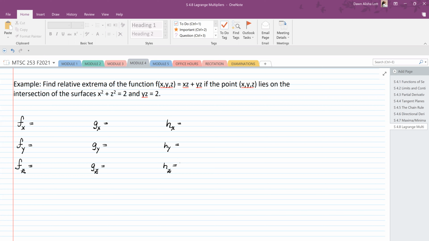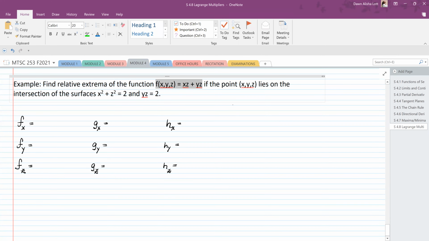Which one? For f of x? F is xz plus yz. So for f sub x, is that just finding the derivative? Yes, we got to find the partials.